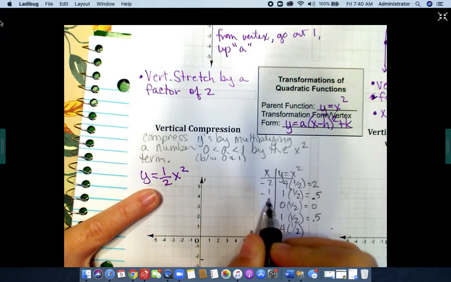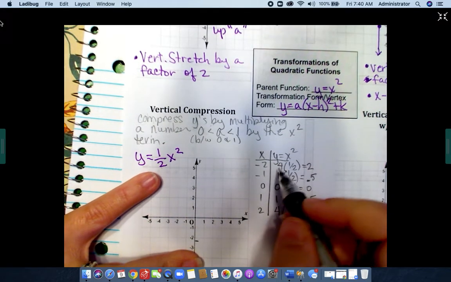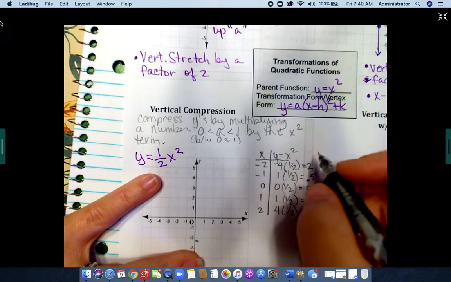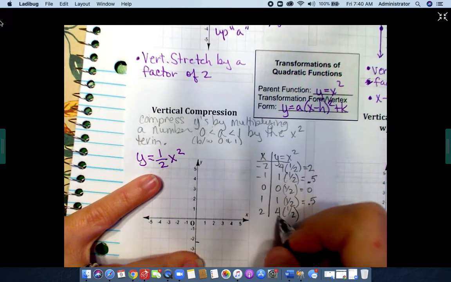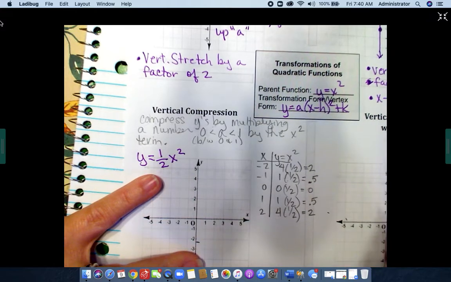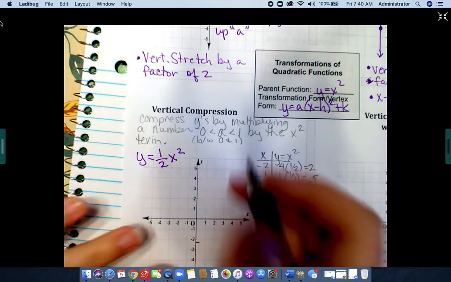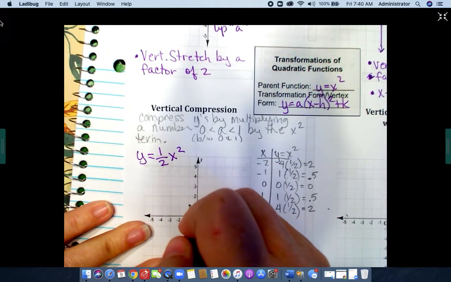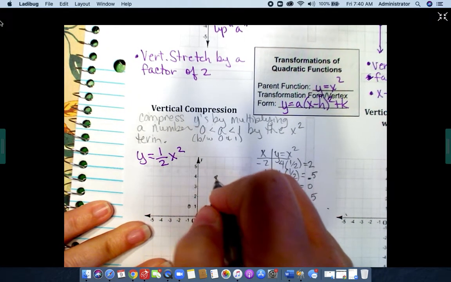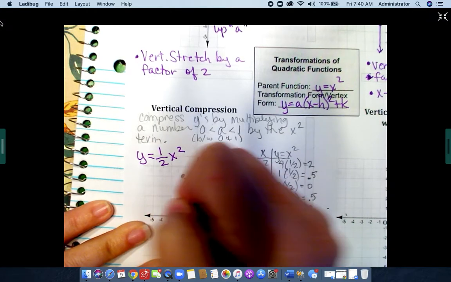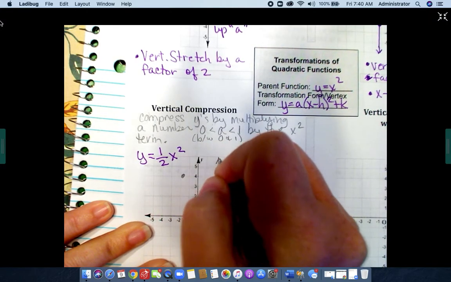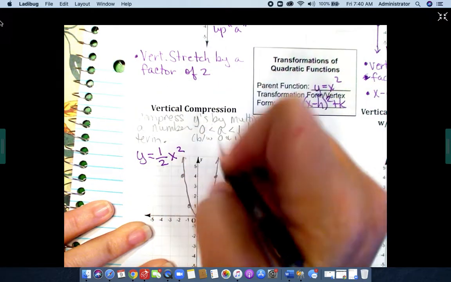I should have said -1 and -2, but once I square them, they turn positive. And then half of 4 is 2. So these are my new ordered pairs. Let's look at what happens. Again, remember our parent function. If I'm going too fast, I'm sorry. I just don't want you to have an hour-long video. This is our y equals x squared.